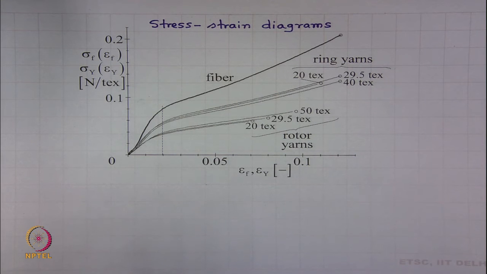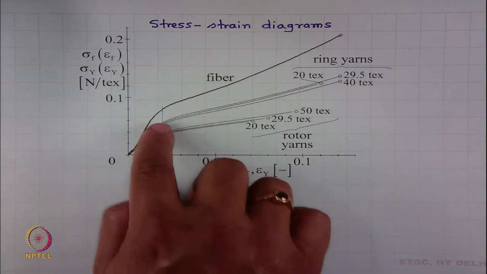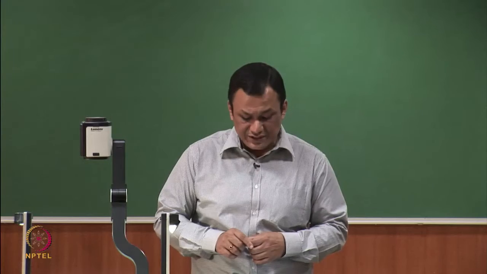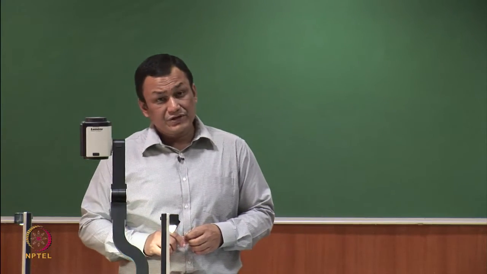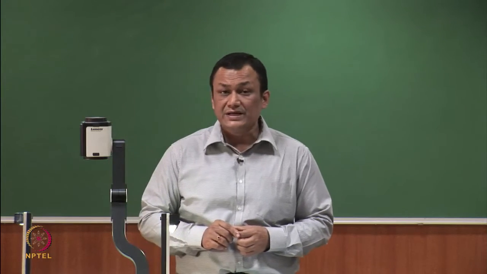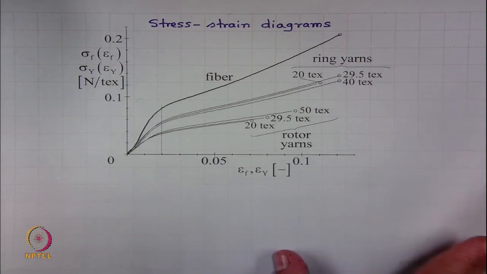First we will discuss ring yarns, then we will discuss rotor yarns. For the ring yarns, at different levels of strain, we calculated this difference and obtained the curve for fiber stress utilization in yarn for different levels of strain, and we have done this for 3 different counts: 20 tex, 29.5 tex and 40 tex. Let us show you the result.